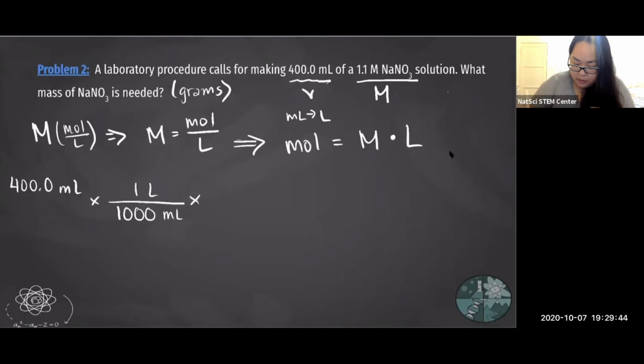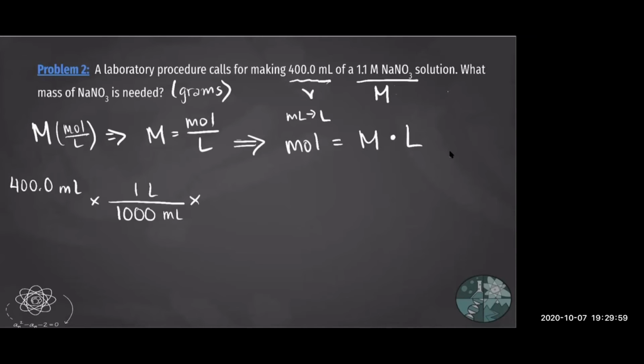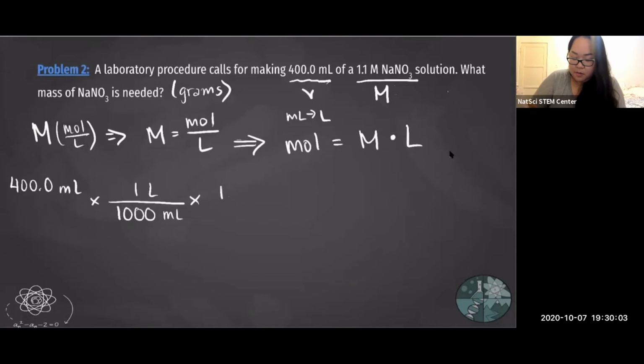So from here, where do you think we go? Let's use the molarity, since we have the volume already in liters. Would 1.1 go on top or bottom? On top. Yeah. So 1.1 is moles in 1 liter.